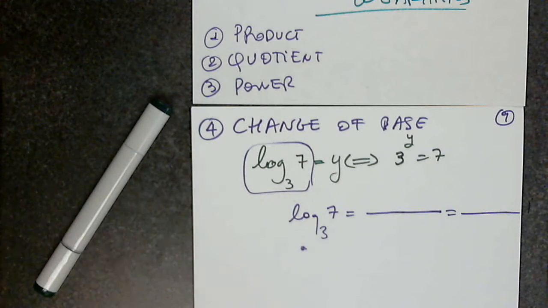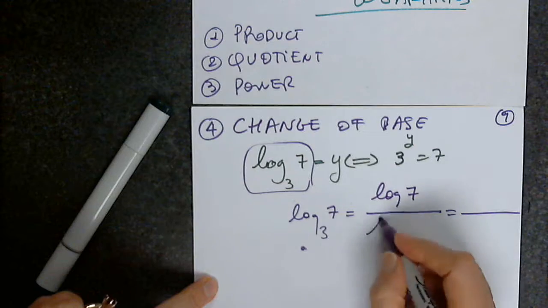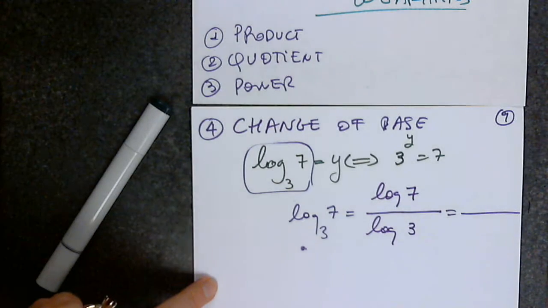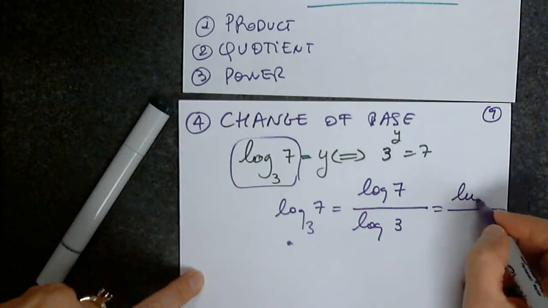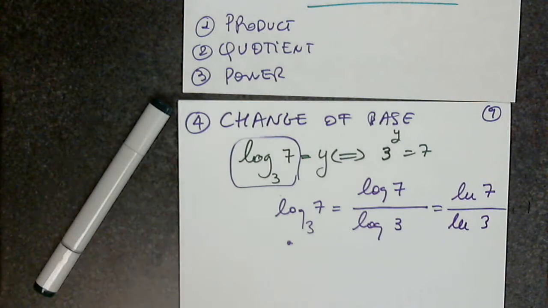We will never find two numbers that I raise 3 to get 7. There's only one number. So here's log of the number over log of the previous base, or natural log of the number over the natural log of the previous base. This is the change of base formula. And the answer will be identical.